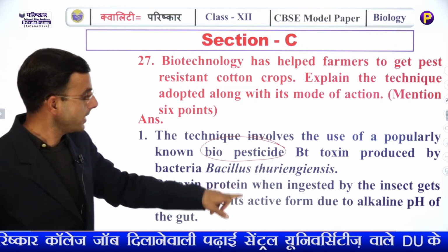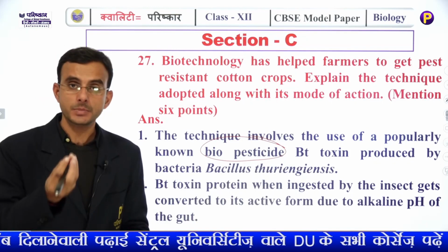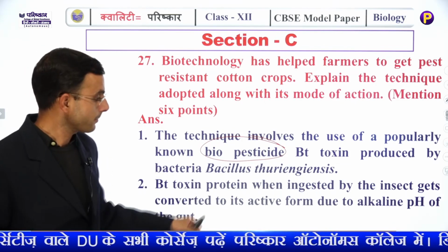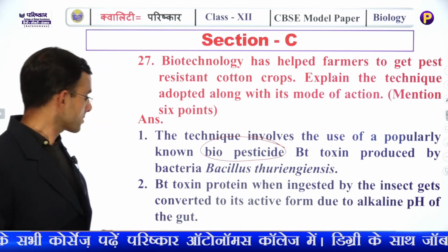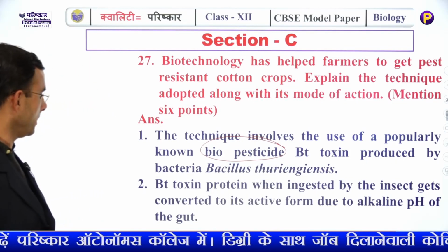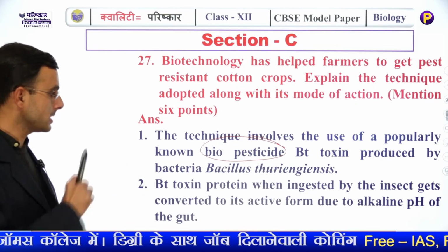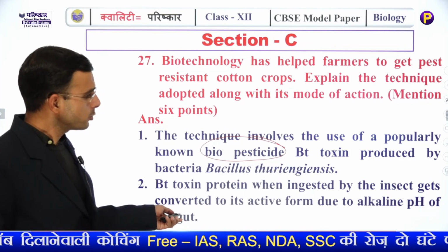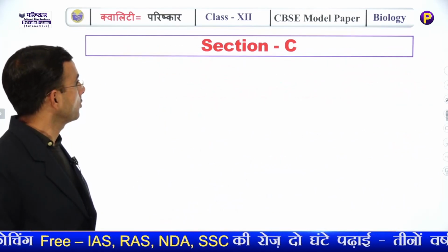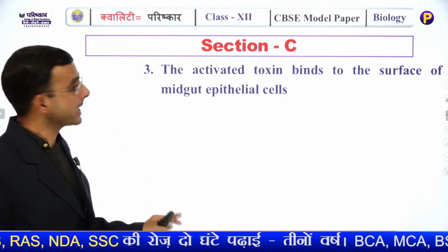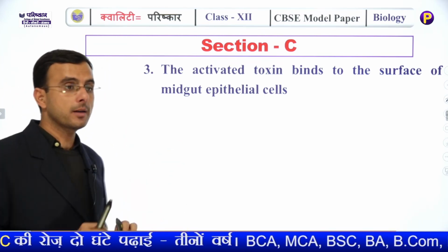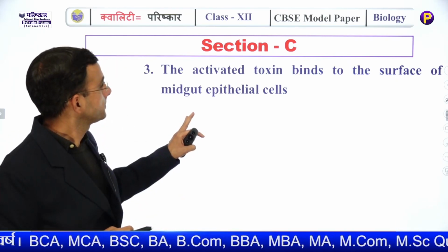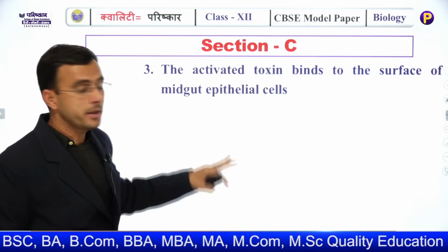When the Bt toxin protein is ingested by the insect, it becomes active due to the alkaline pH of the gut. That is, the toxin is ingested by the insect and reaches the gut, and because of the alkaline pH it is converted into the active form.